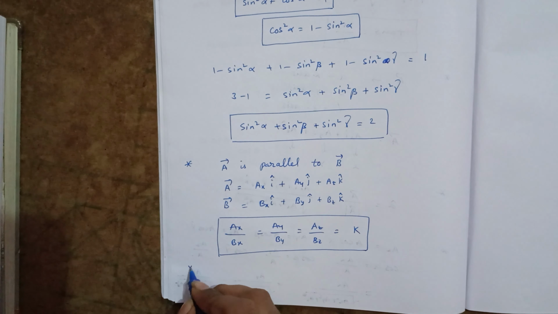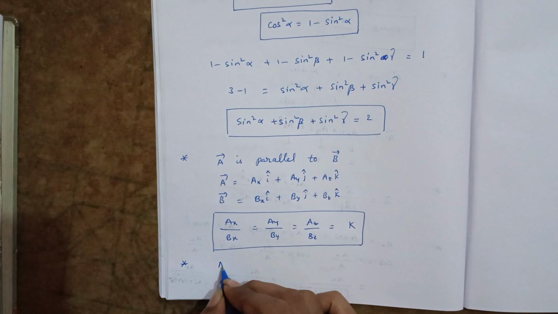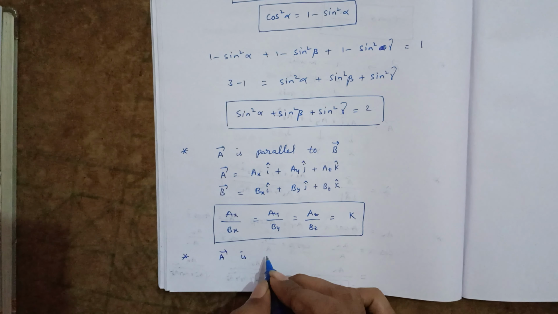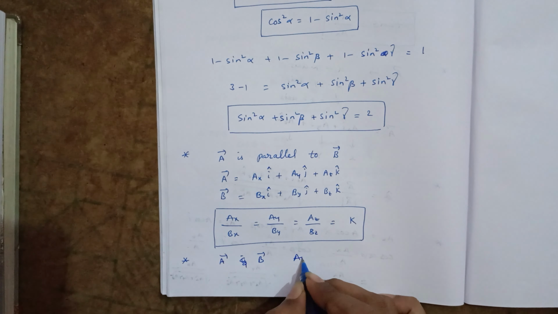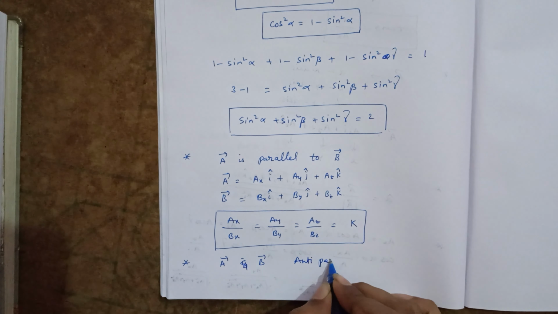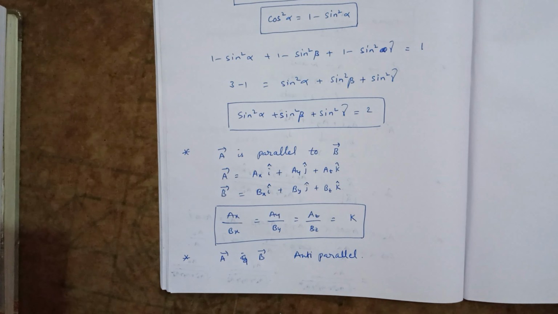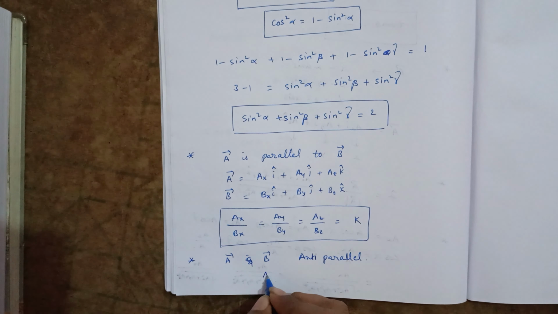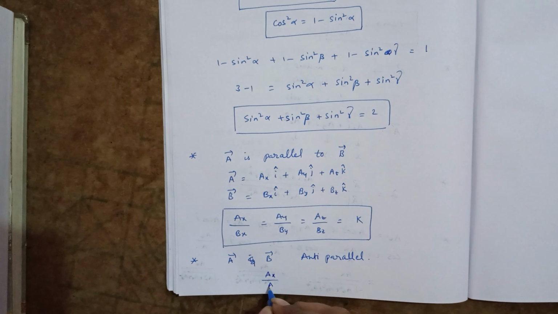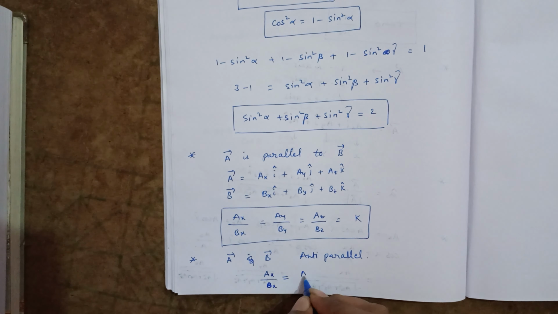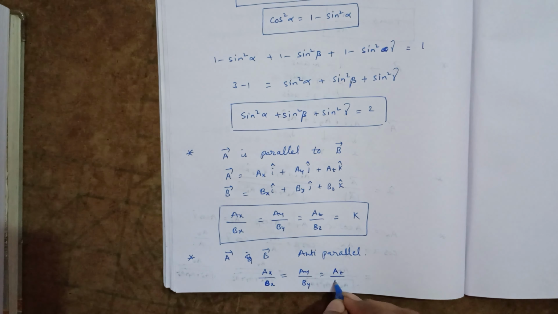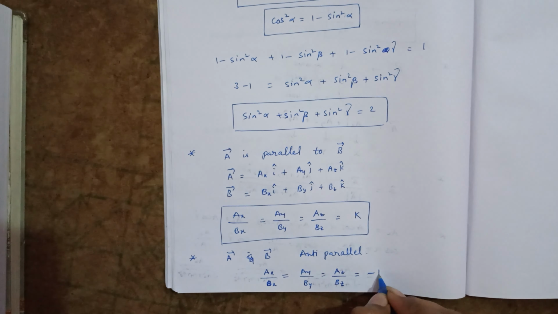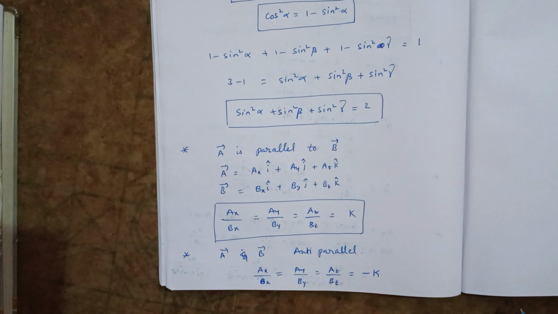If A bar and B bar are anti-parallel to each other, then the same ratios AX by BX equals AY by BY equals AZ by BZ equal minus K, a negative constant.